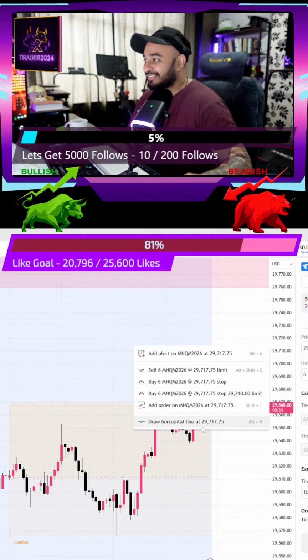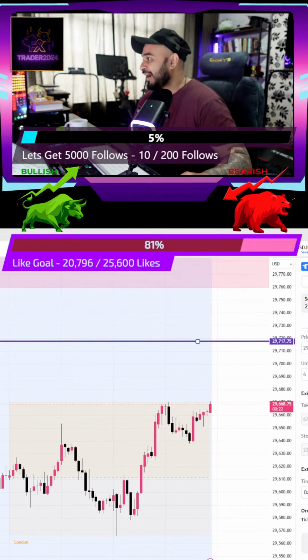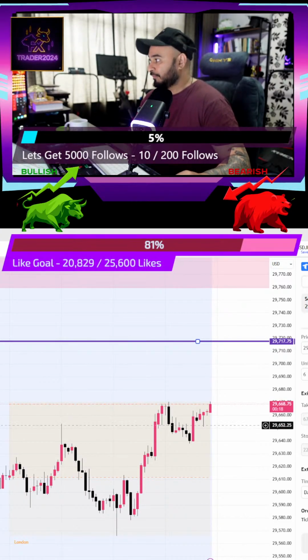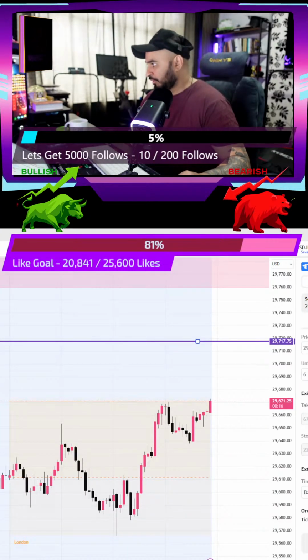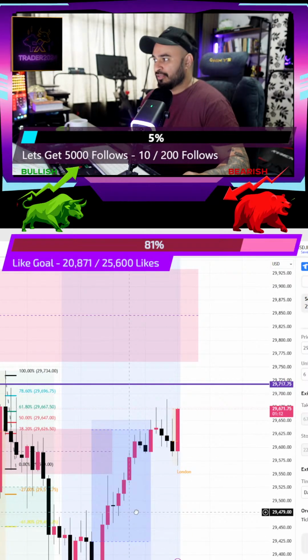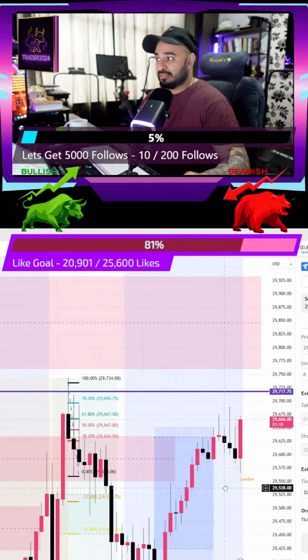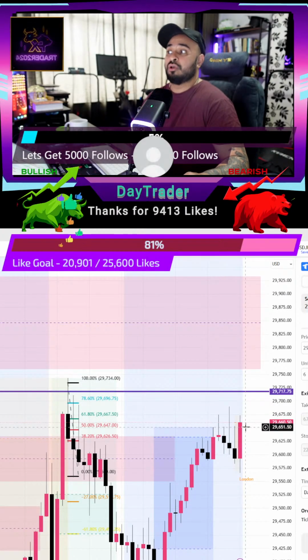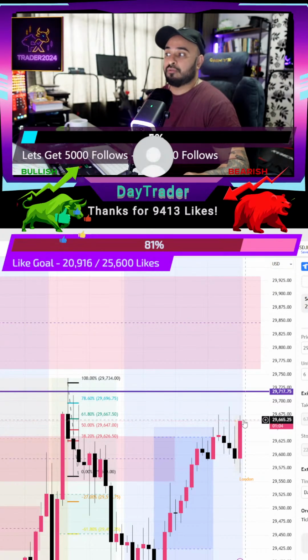Look, let's just mark this horizontal area out. If it does break that area, which it should, if I just go down to the higher time frames, on the 30-minute time frame this candle is going to close hopefully very strong.